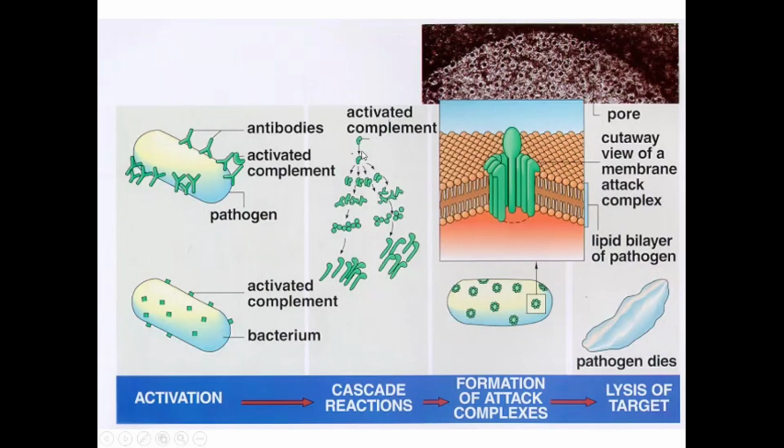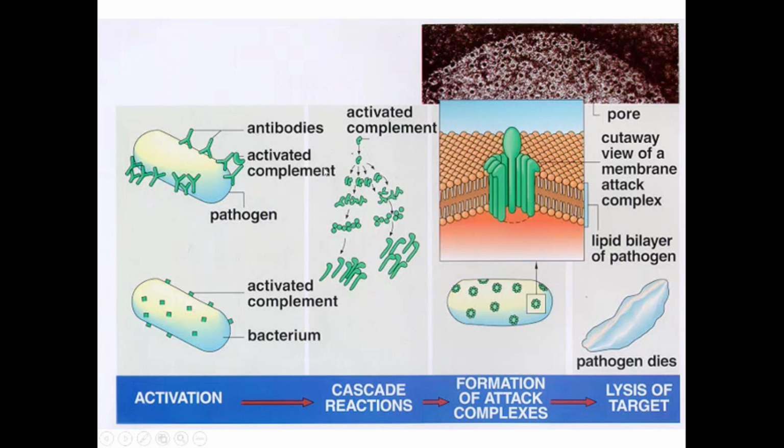About the complement proteins, we have about 30 types of these proteins in our blood. When the antigen of a pathogen is recognized by an antibody, this reaction activates one member of this superfamily of proteins. For example, we call them C1, C2, C3 in this manner.